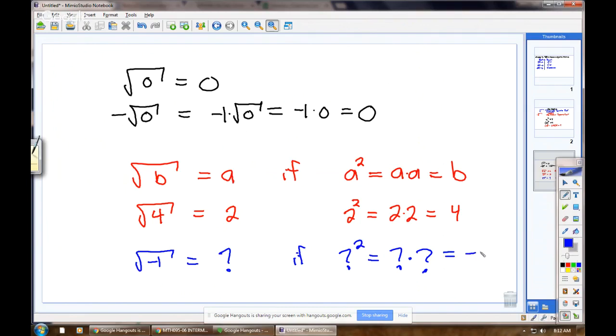But with the numbers we're familiar with, a positive times a positive is a positive, and a negative times a negative is still a positive. So we haven't come across any numbers yet for which the number times itself is negative. Turns out there is a kind of number that works. They're called imaginary or complex numbers, and we'll get to that at the end of this chapter. So we need, but don't have yet, an idea called complex numbers.